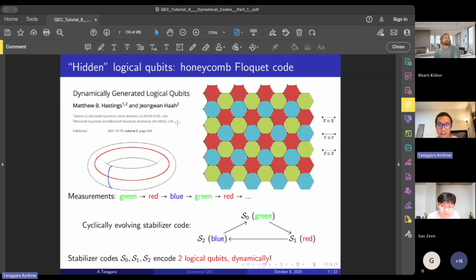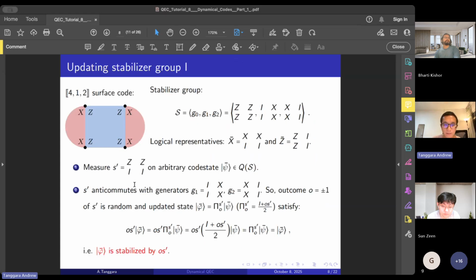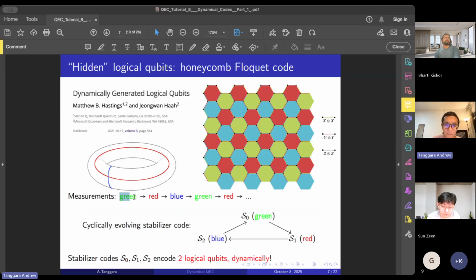You have to view this as a dynamically evolving stabilizer code, which is induced by this non-commuting green, red, blue, green, red, blue sequence of check measurements. And the fact that these red checks are non-commuting with some of the green checks here, that's basically why we have this evolving stabilizer code, right?